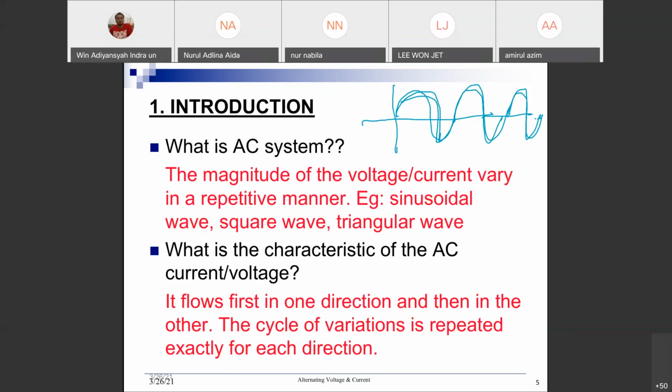What is the characteristic of the AC current and voltage? It flows first in one direction and then in the other. Like this one, it flows in one direction, positive, and then in the other, negative.